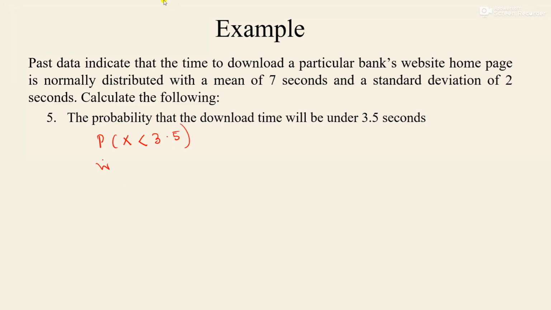So if x equals 3.5, then the corresponding z value is equal to (x minus mu) divided by sigma. That is (3.5 minus 7) divided by 2, that is minus 3.5 divided by 2, minus 1.75.